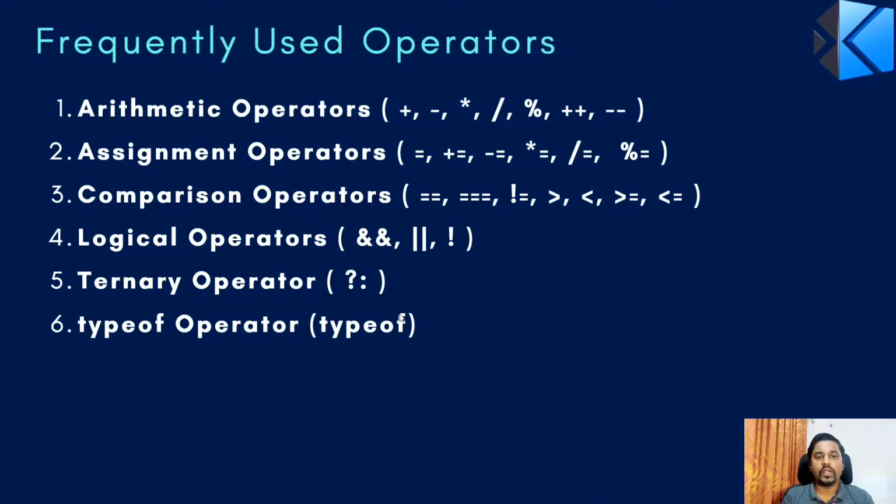Assignment operators like equal to, plus equal to, minus equal to, multiplication equal to, division equal to, and mod equal to. Comparison operators: double equal to, triple equal to, not equal to, it's an exclamation, that means not equal to, greater than, less than, greater than equal to, and less than equal to. Logical operators: and operator, it's a double and.